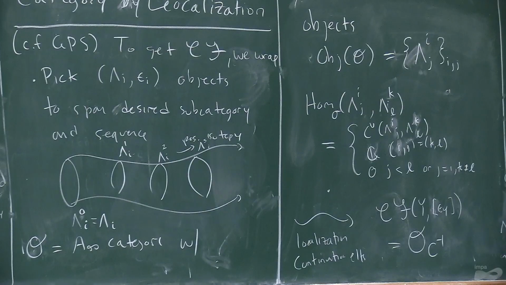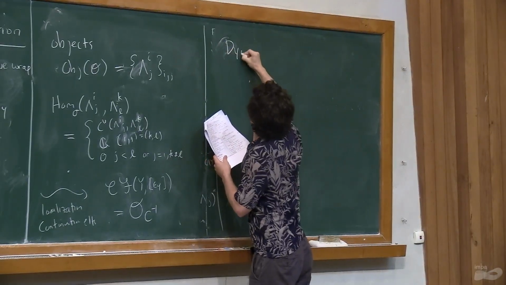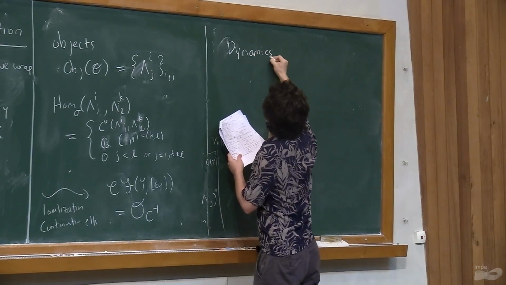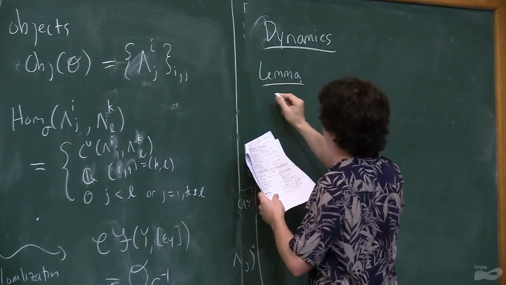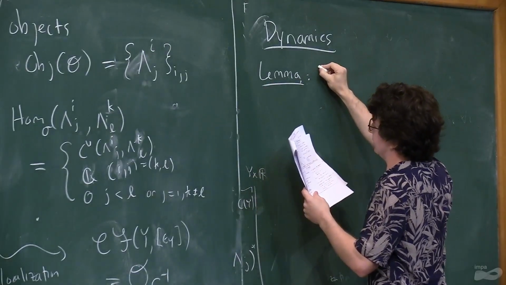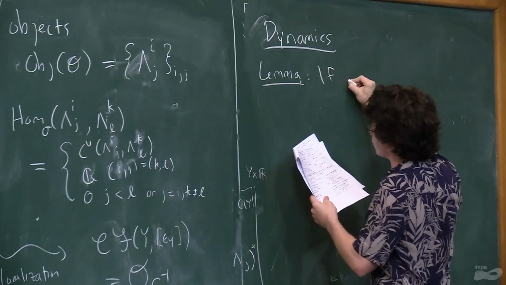Okay. So let me talk about some dynamic stuff. All of this will be happening at the level of the homology, so you could probably state it without the category, but it's an interesting context to say this in. Okay, so here's a lemma.